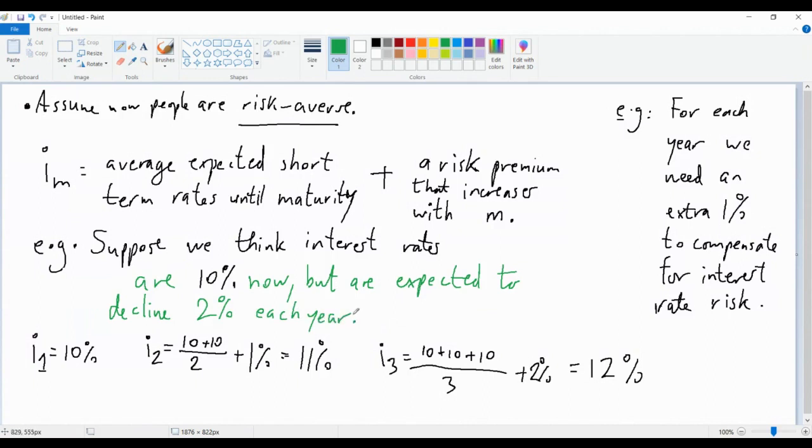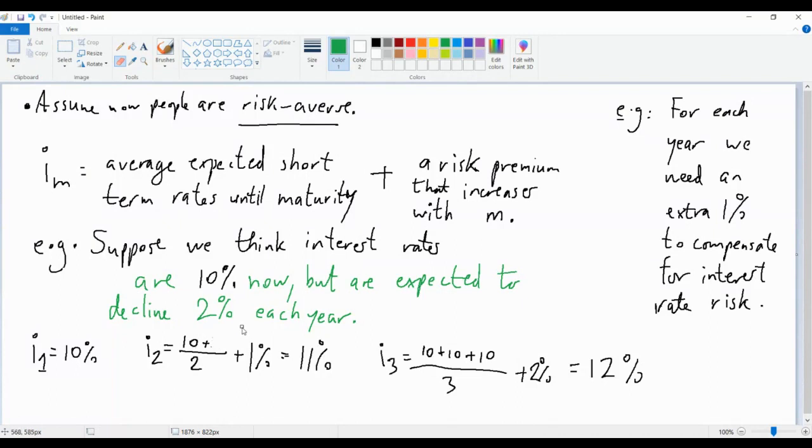Okay, let's look at this one now. This remains the same, right? The interest rate on the 1-year bond right now is just 10%. That's what this means. What about this 2-year bond? The 2-year bond is the average of the interest rate today and what we expect the interest rate to be tomorrow.